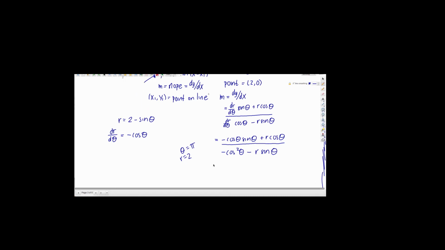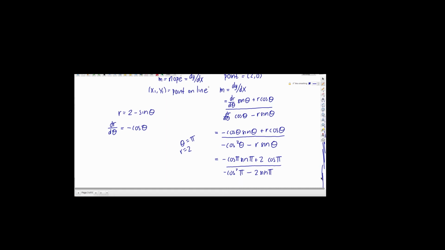So plugging in, we're getting minus cosine pi sine pi plus 2 cosine pi, again I'm just plugging in r is 2 and theta is pi, over minus cosine squared pi minus 2 sine pi.